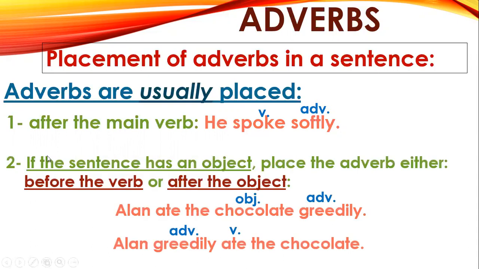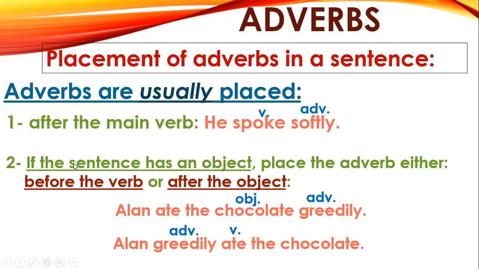Number two, if the sentence has an object, so this is a condition. Number two is for sentences which have objects in them. For example, this sentence doesn't have an object, but number two speaks about sentences that have objects in them.